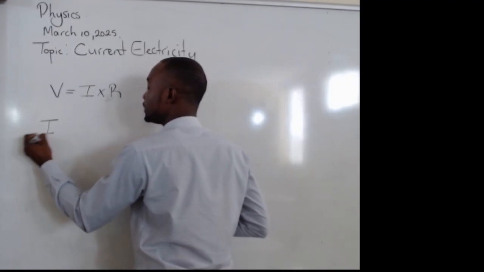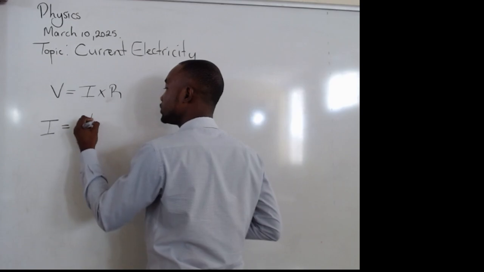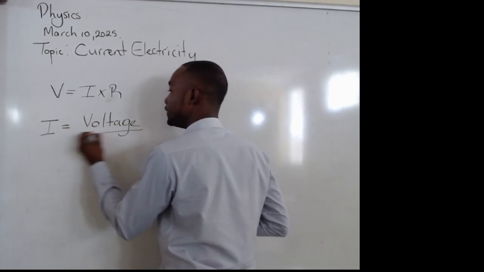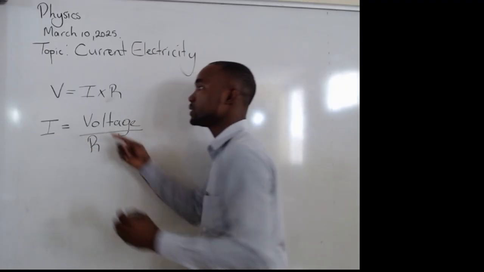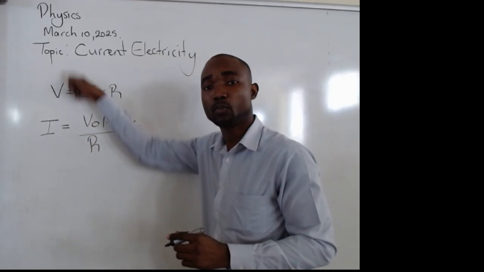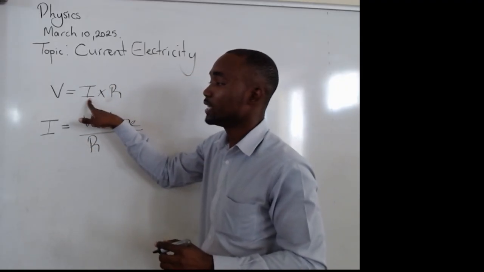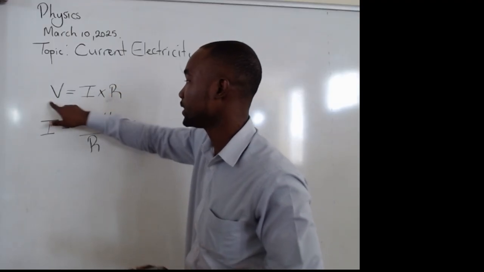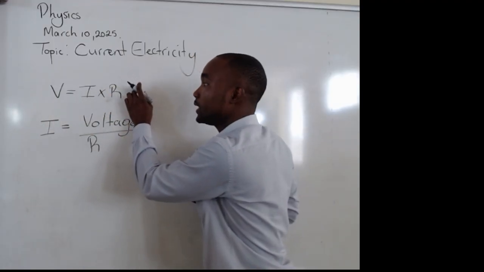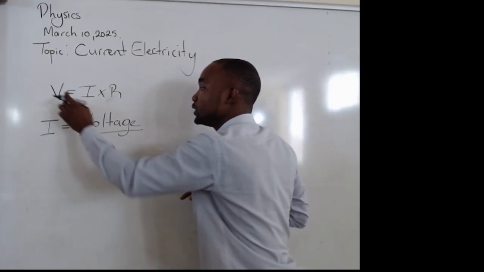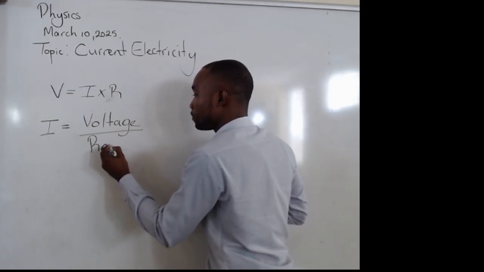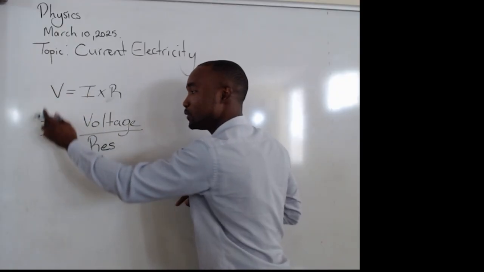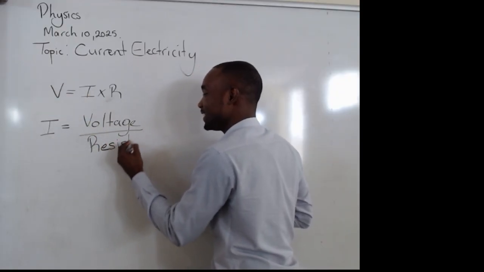And current equal to voltage divided by resistance. Now this is the same formula transposed. So we want I to be the subject of the formula. So we divide both sides by resistance. It is cancelled over here, and now we have that I is equal to voltage over, sorry, I is equal to voltage over resistance.